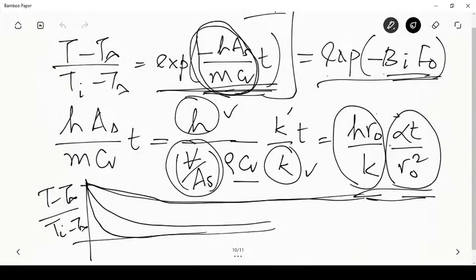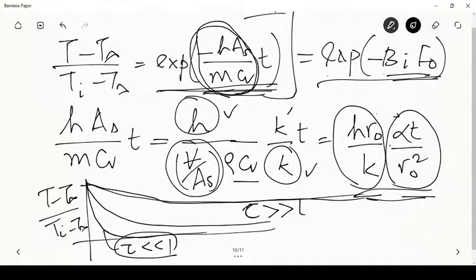Then tau is greater than 1 or tau is less than 1. Depending on whether HAS is very large or MCV is very large, the time constants will be large or small. So when HAS is very large, then the time constant is extremely small, so it will be very quick.